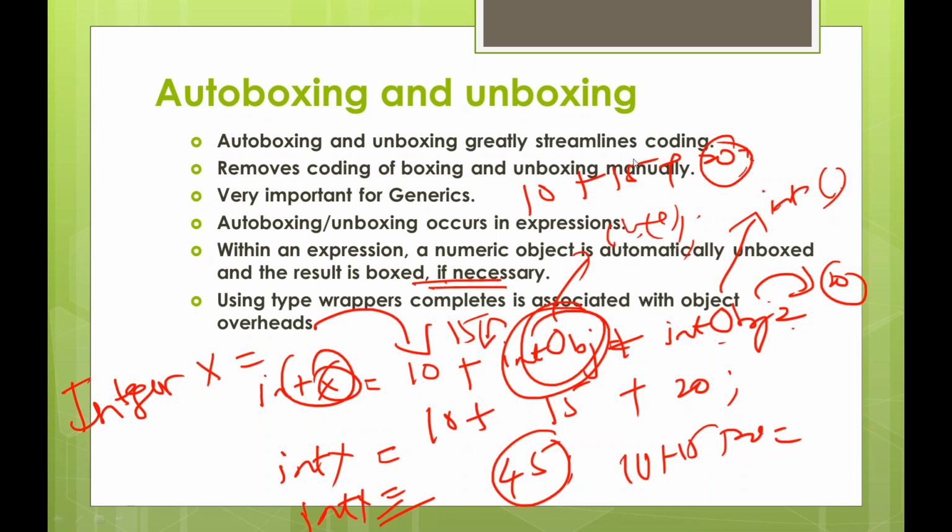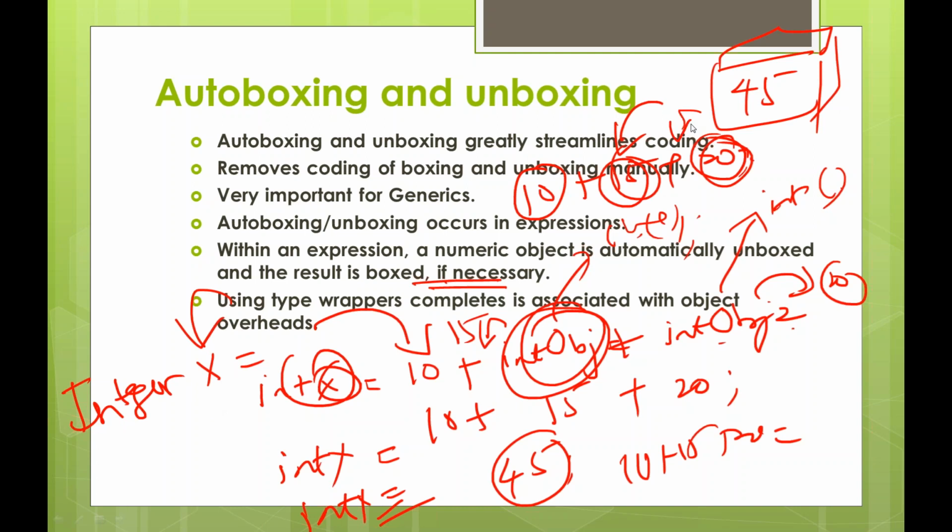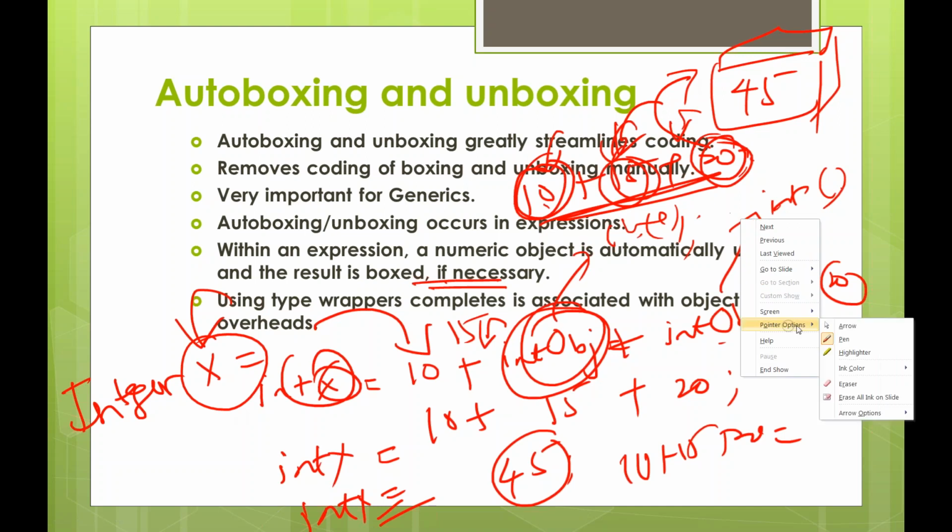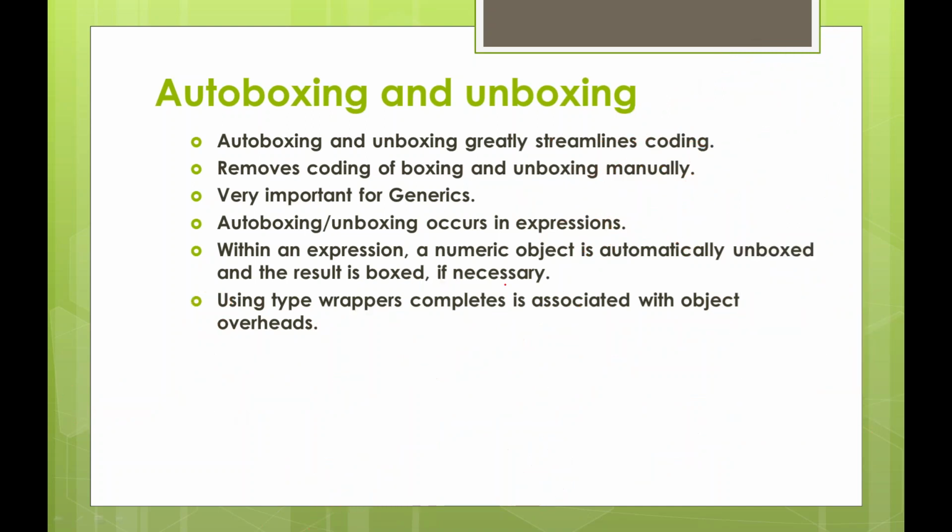Initially they are unboxed, we get the primitive value of each object, and this one is already primitive. Then the calculation is done, that is 45, and then it is boxed, converted into an object and assigned to this Integer x. That is the great advantage of introducing autoboxing and unboxing.